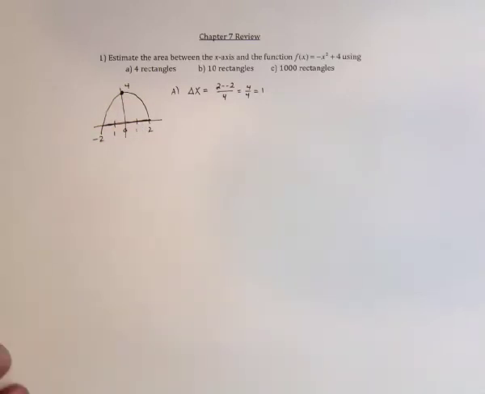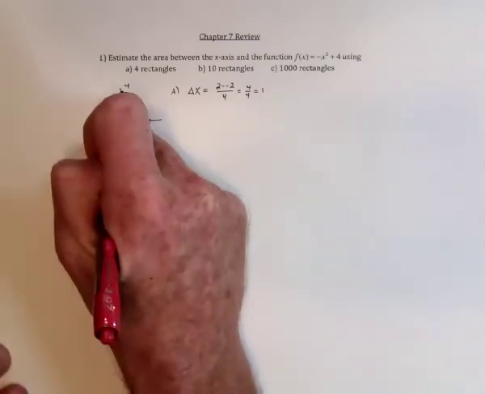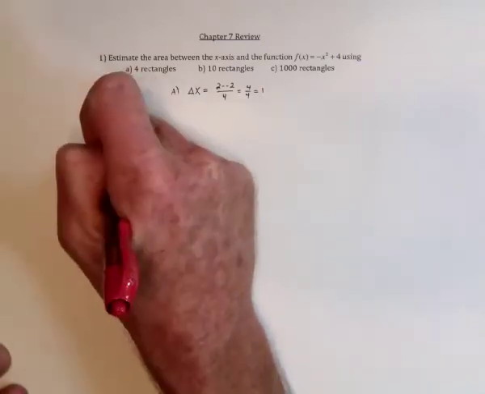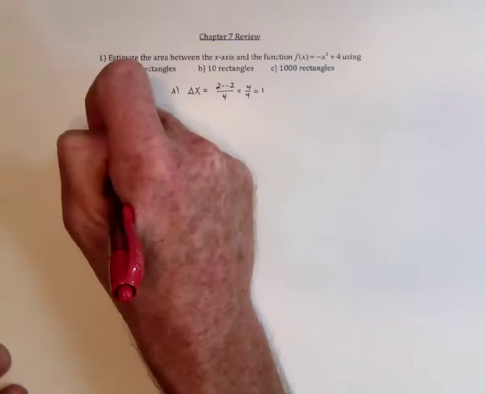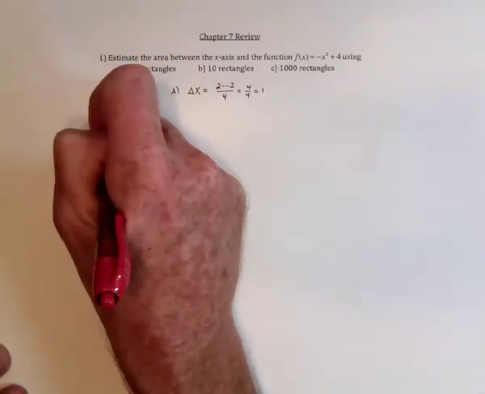And now what we're going to do is make rectangles. So you go to the middle of this rectangle, go up to the function, and that's how tall the rectangle is going to be.